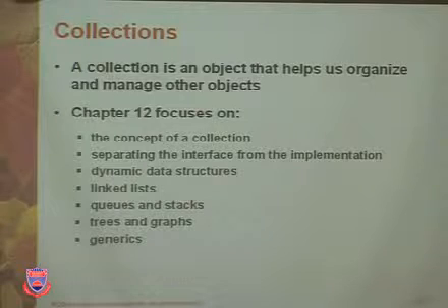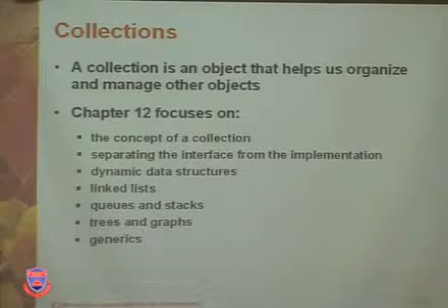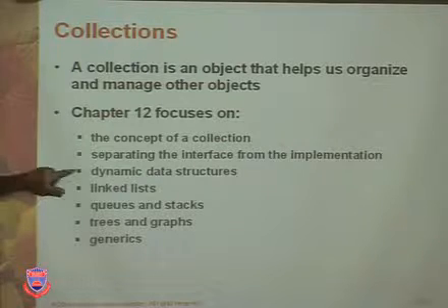And if you look into the topics that are covered in chapter 12, you can see the concept of a collection, the separation of the underlying implementation versus the usage of that by the users, and then dynamic data structures.